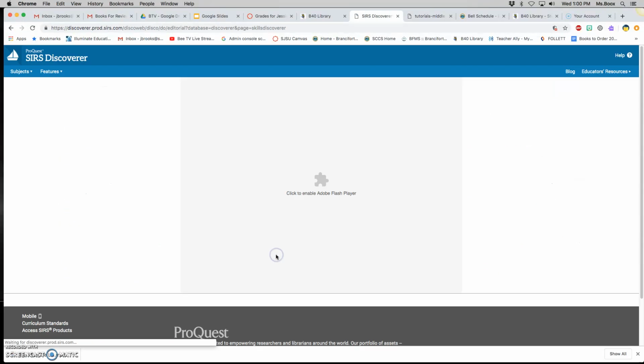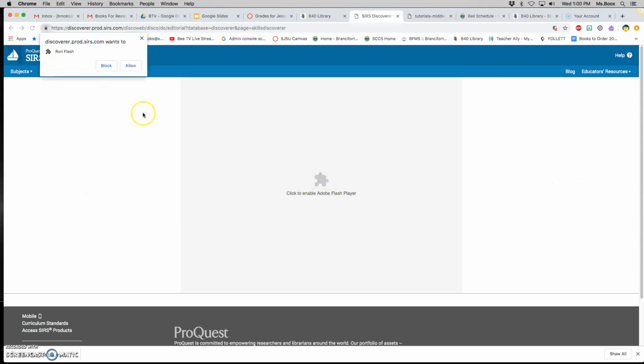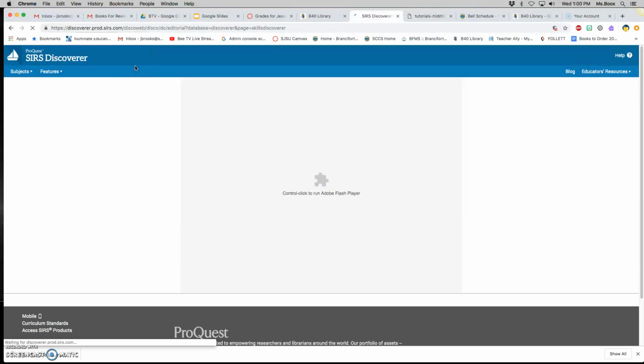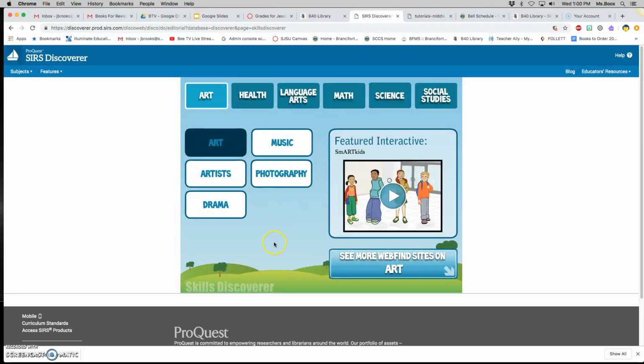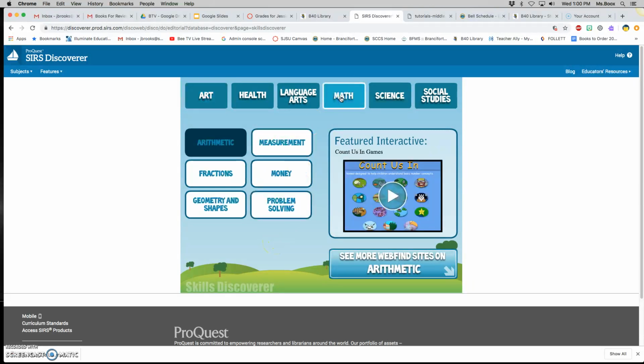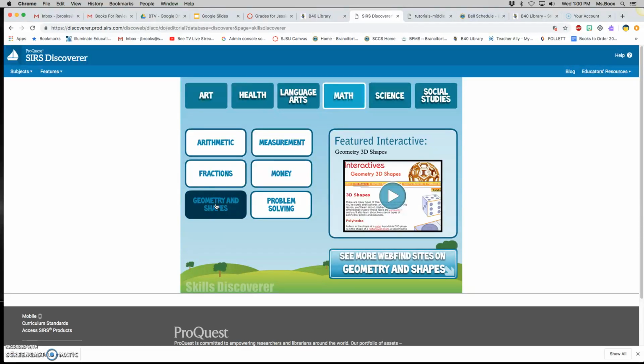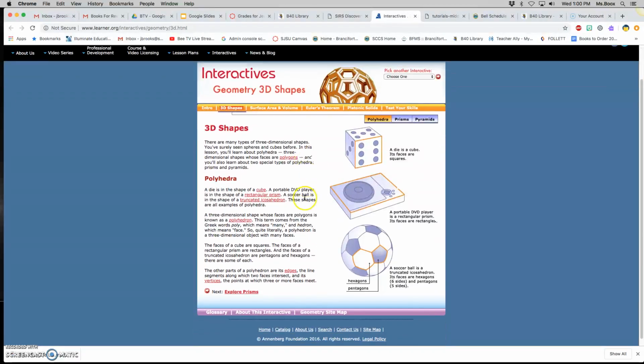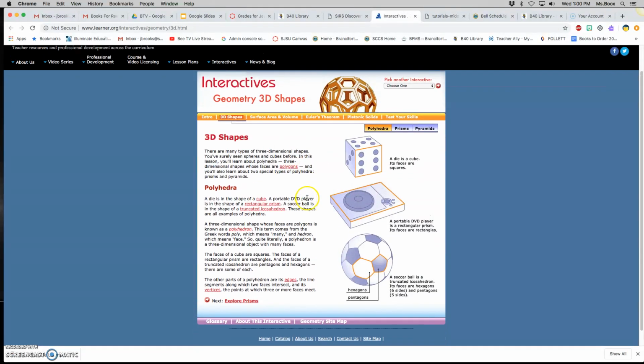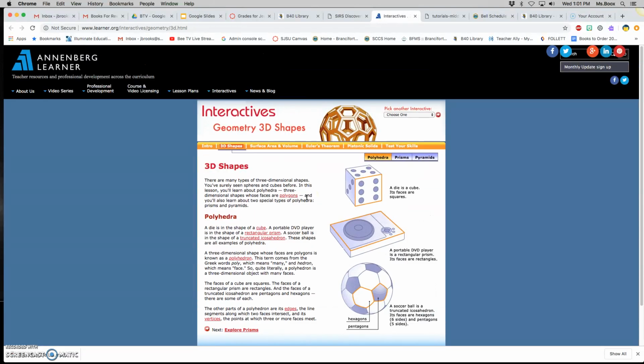And in Skills Discoverer, which you will need Adobe Flash Player for, you have some interactive, skills-based tutorials that you can explore and have your students explore.